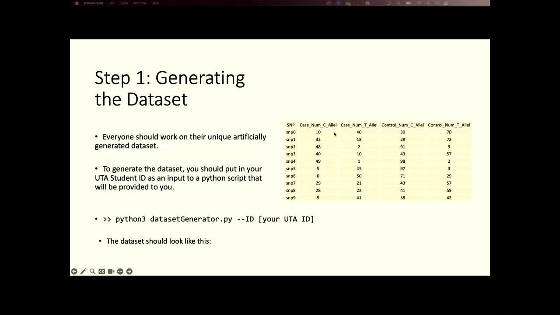And then we have, in our case and control for that mutation, how many of the 50 people who have the disease have that version of the mutation versus the other version of the mutation.